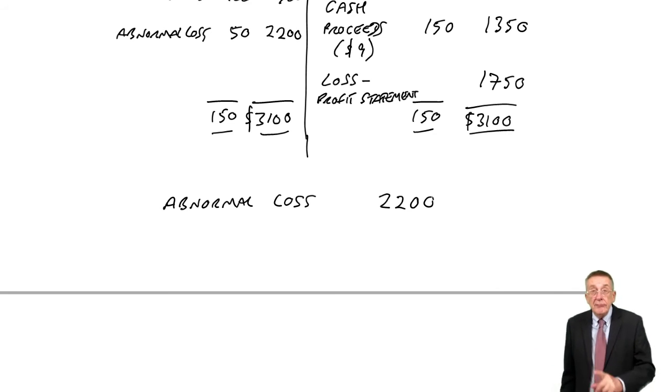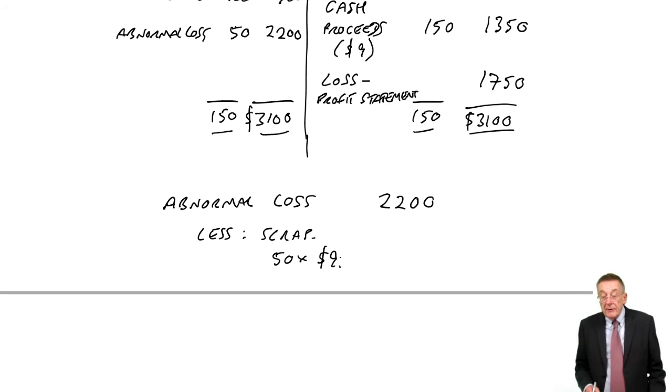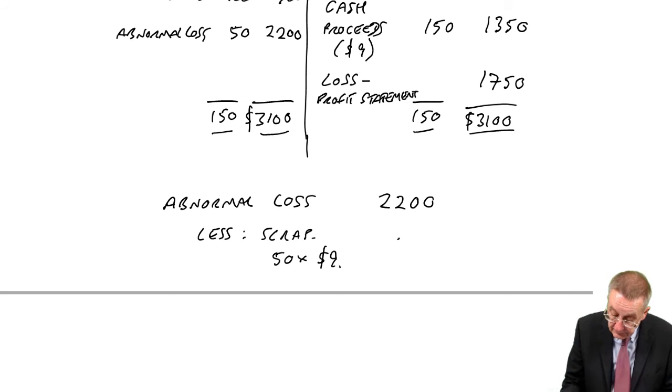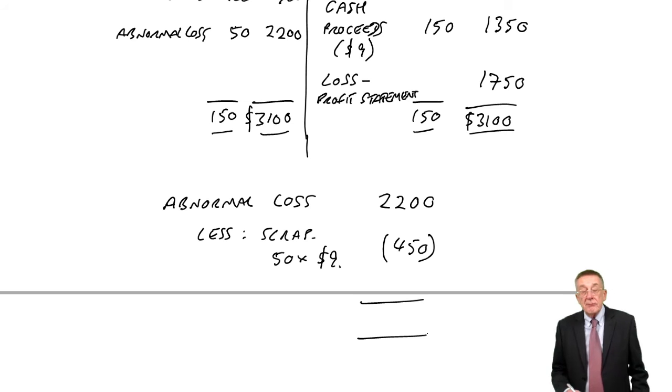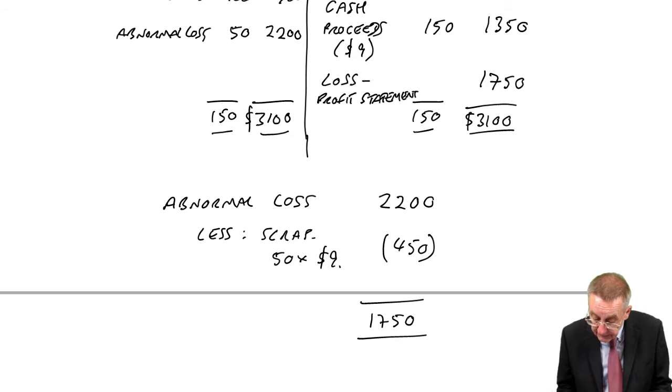But we haven't lost everything, because we did sell them for scrap. Those 50 units, we will have got in 450, which means the overall loss we've made on them isn't so great. The net loss regarding those 50 units, the difference is 1,750.